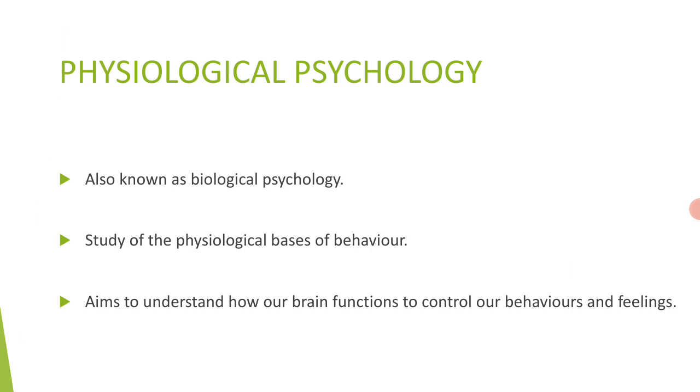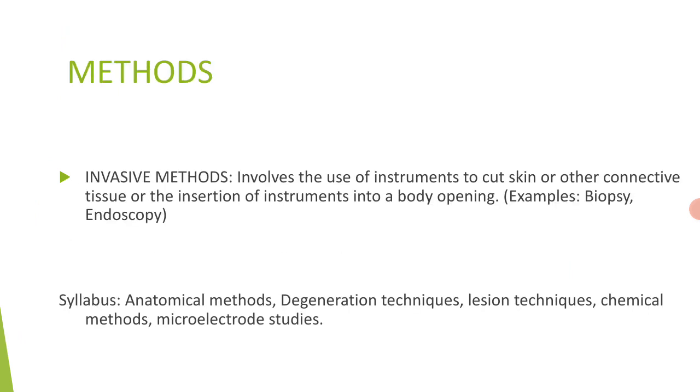So in order to study the brain functions, there are various techniques, and this subtopic from this unit is about those techniques. And what are the methods? The methods are divided into two types.